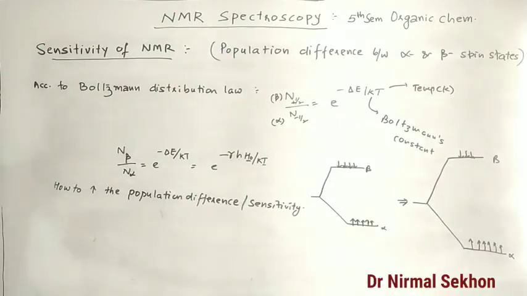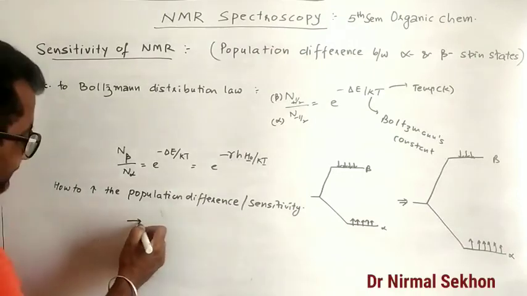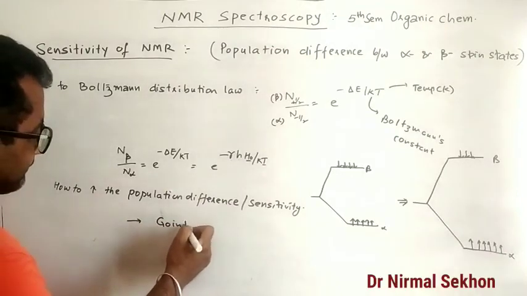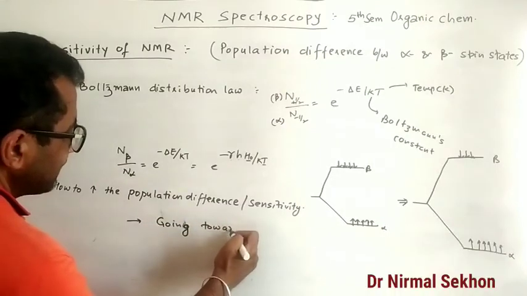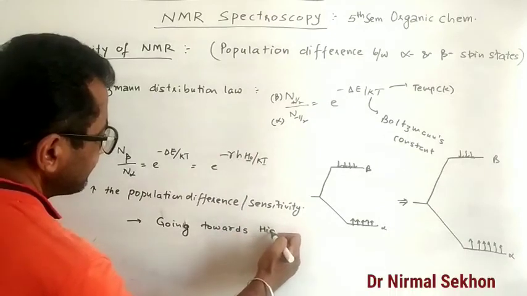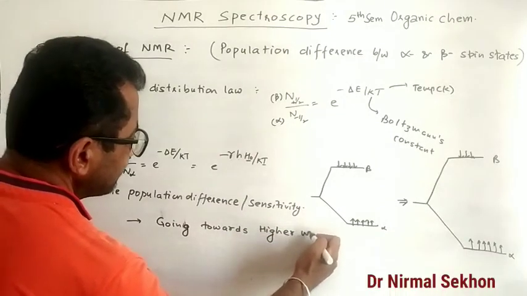So other things we can do to increase the population difference: first is going towards higher frequency.